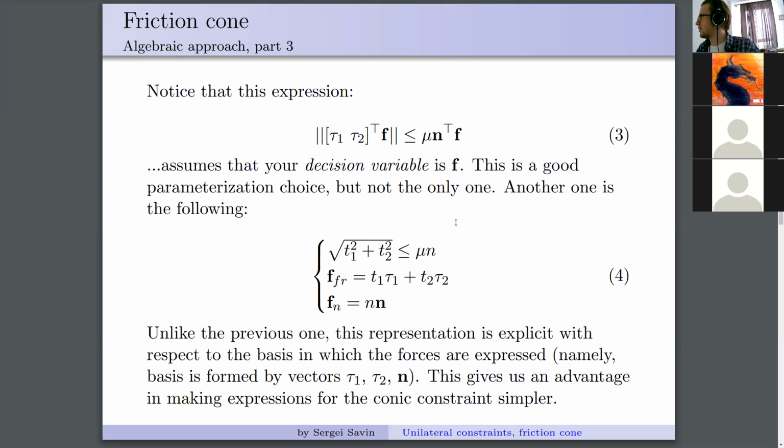Okay. So the norm of T1 and T2 is the square root of T1 squared plus T2 squared, by definition of the norm.